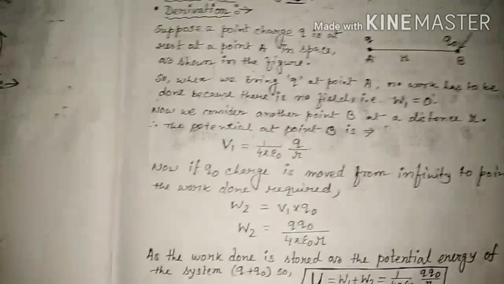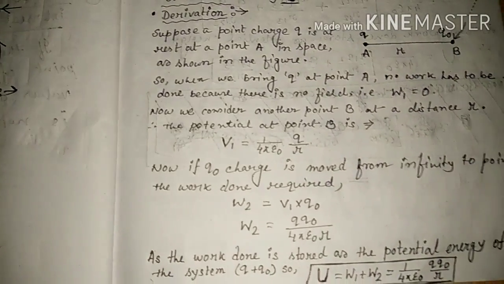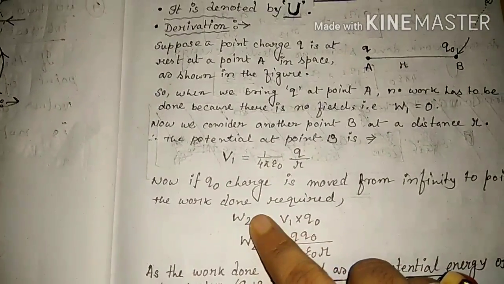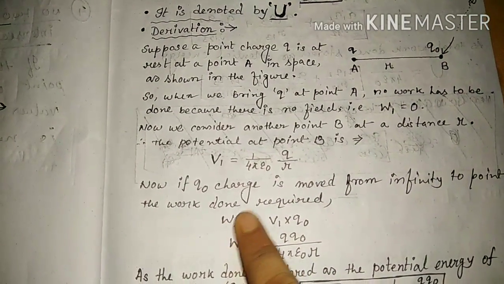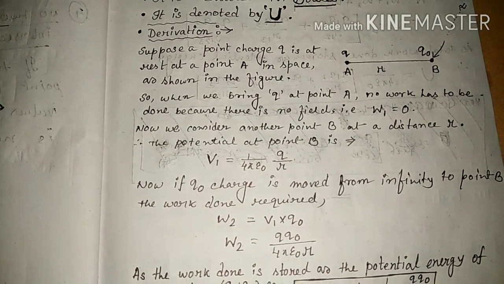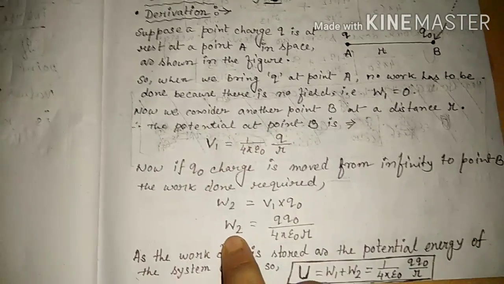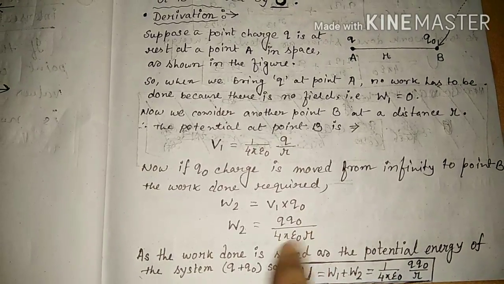We know from the definition of electric potential that V equals W by Q. That's why W2 equals V1 into Q naught. Now we put the value of V1 here, so we have W2 equals Q naught Q by 4 pi epsilon naught R.